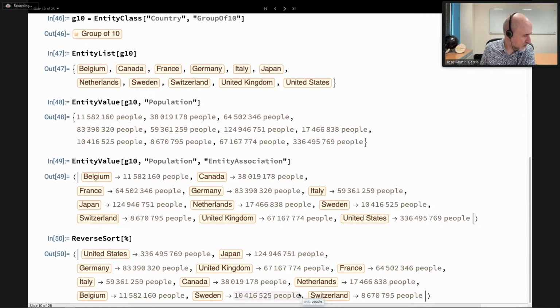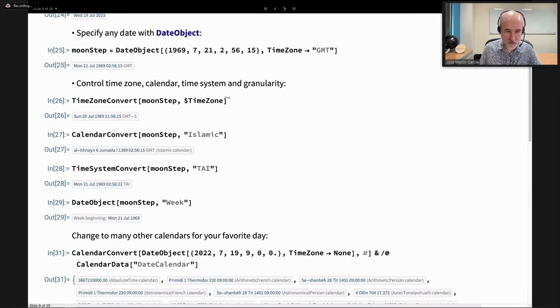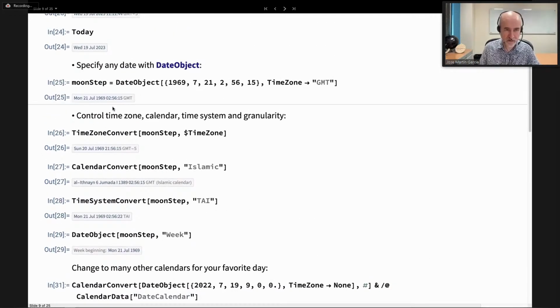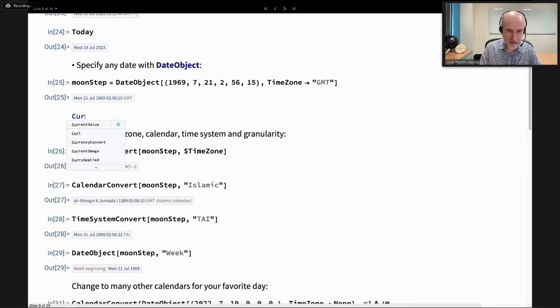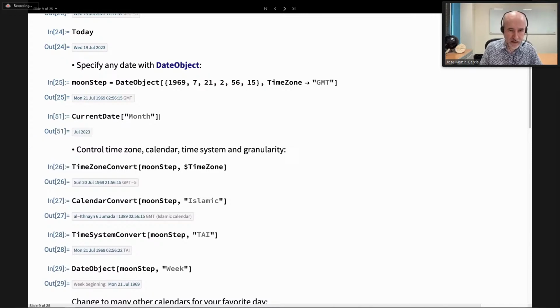Okay, so I have some questions. Do we have a last day of month option in dates? Okay, let's have a look. Let's go back for a moment to the area of dates. So if I do current date month, so that's the current month, and now we can ask for properties.